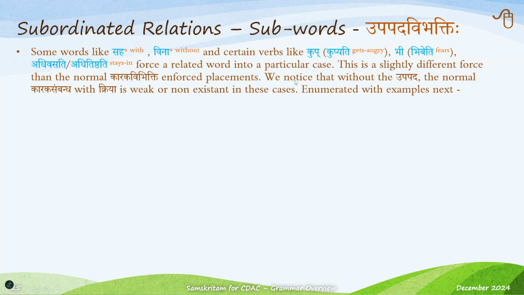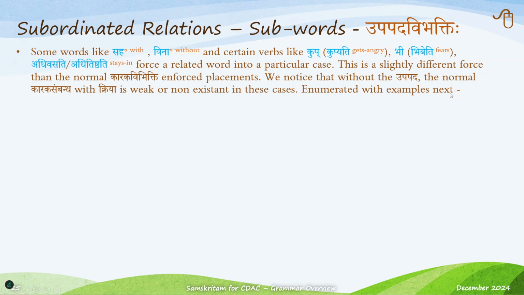We notice that without the upapada, the normal karaka sambandha with kriya is weak or non-existent in these cases. Sometimes there is a karaka sambandha also, but it may be weak, or sometimes non-existent. We will realize that when we try it without that kind of upapada force enforcement in place. But sometimes it is there, it may be weaker, that's all.